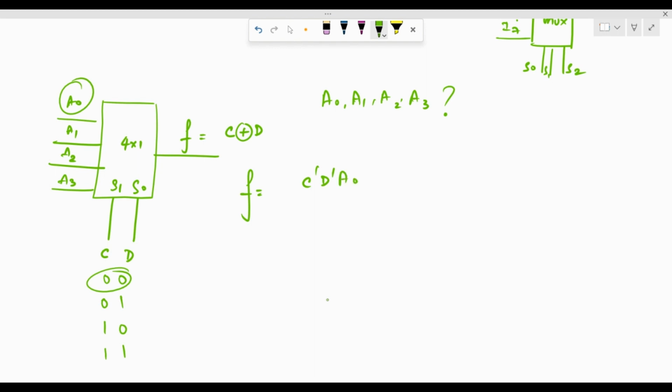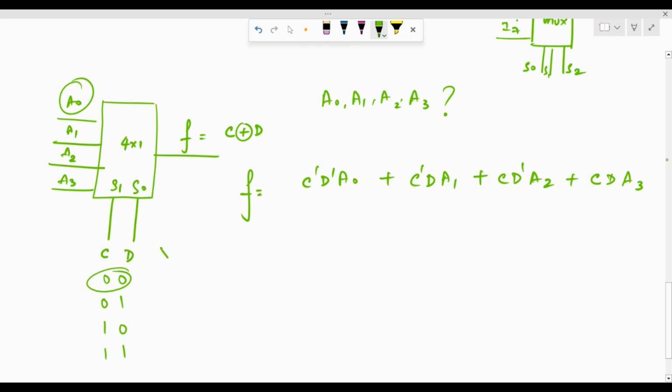So A naught plus C dash D, then the A1 input is going to be selected. Next, C D dash, A2 will be selected, and then C D, A3 will be selected.